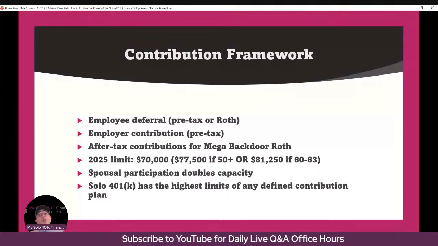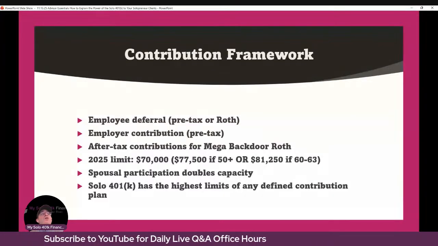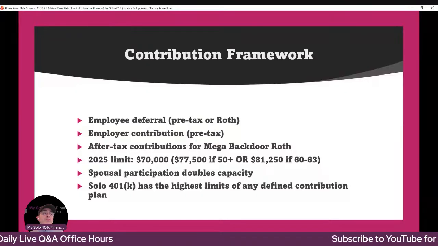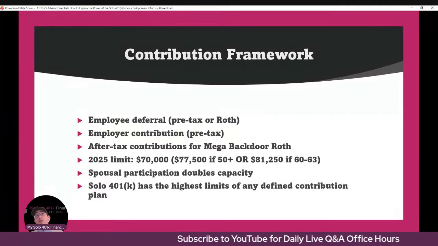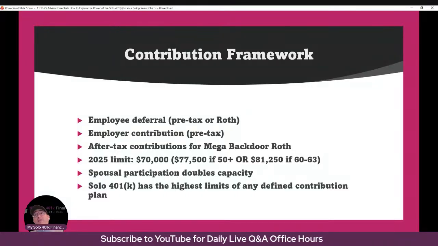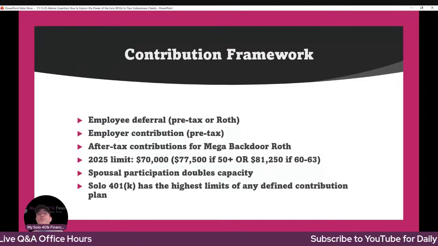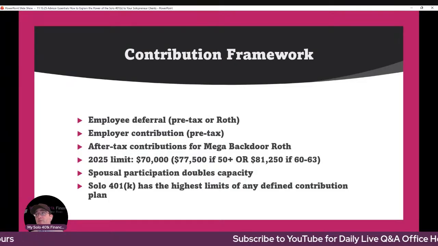So, you got multiple buckets that you can fill up. So, that's why it has the highest contribution limits for any defined contribution plan available to self employed individuals. So, for example, for 2025, the overall limit is $70,000. And then it's even higher if you're age 50 or older. If you're 50 plus, it's $77,500.